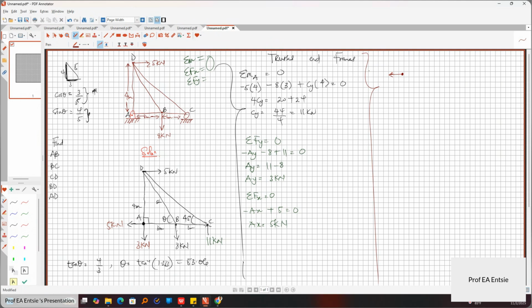So now you take a joint and bring all the reaction forces on it. Here is 5 kilonewton, then here is 3 kilonewton. This is going to the left, so AB will go to the right. Then lastly, AD. You can see 3 kilo going down, so force AD will come up.